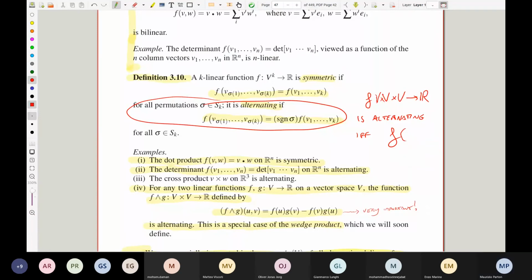Let's call them this way. What should happen in your opinion? Minus F of v3, v2, v1. Let me check.